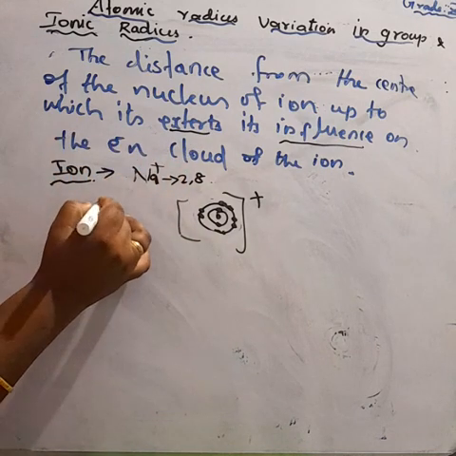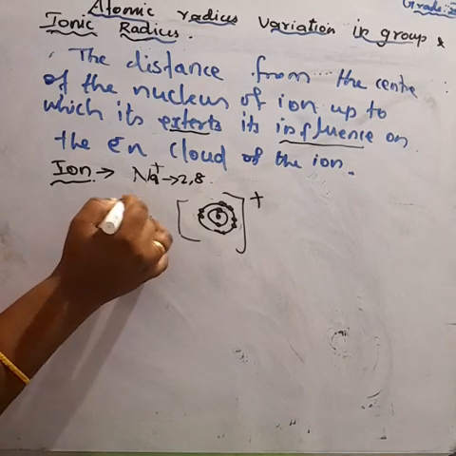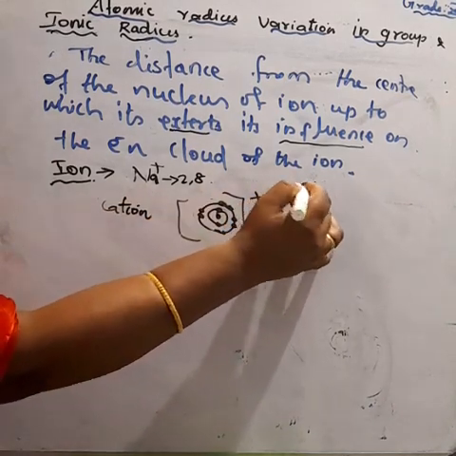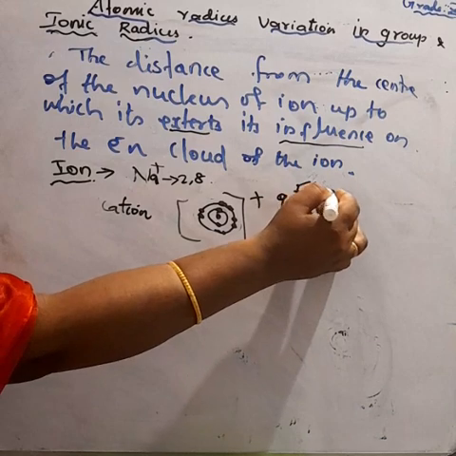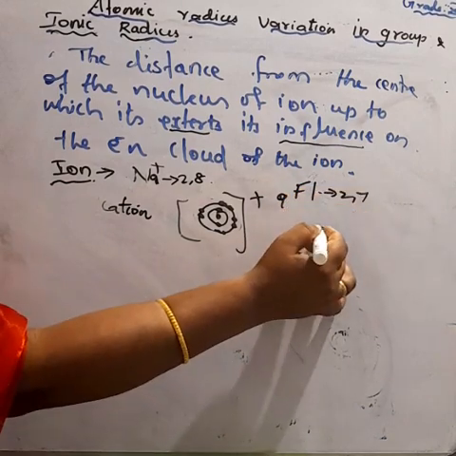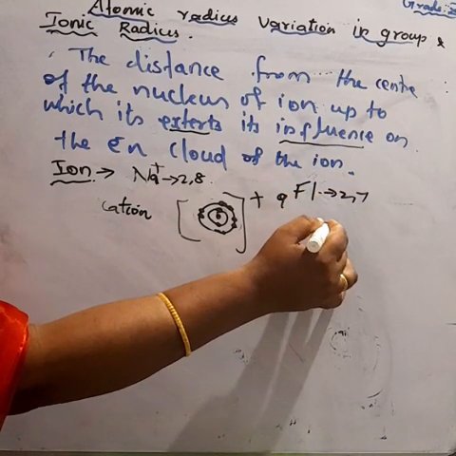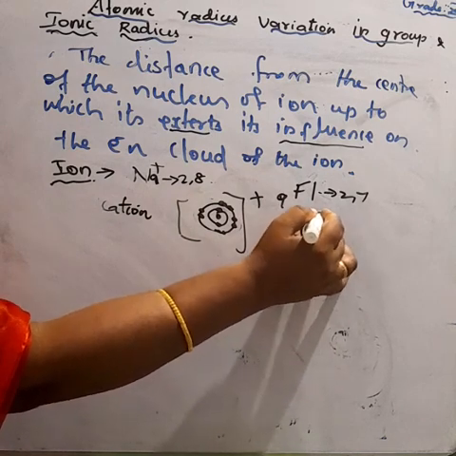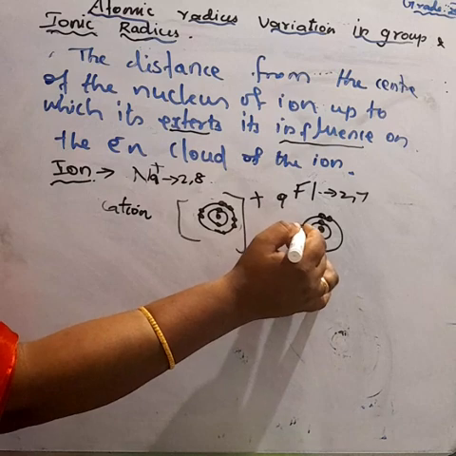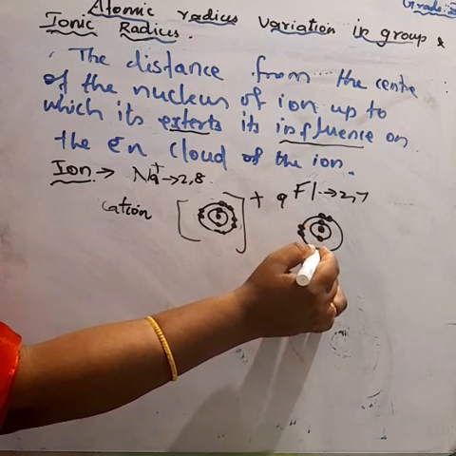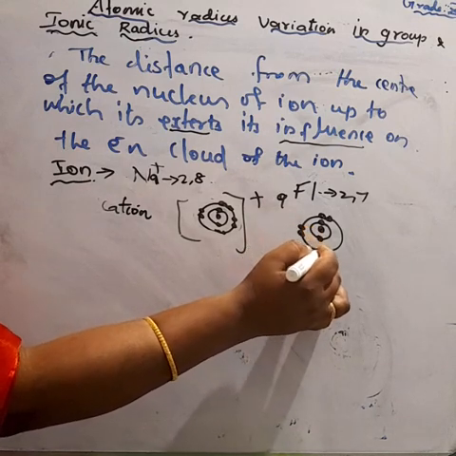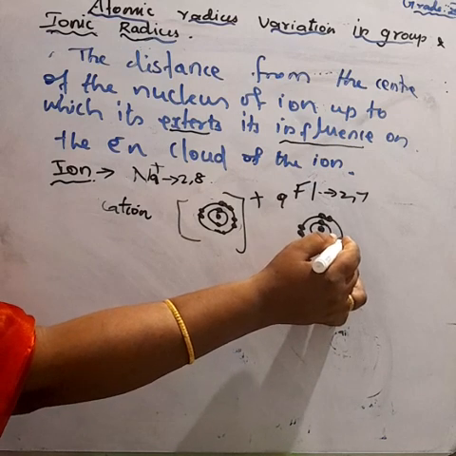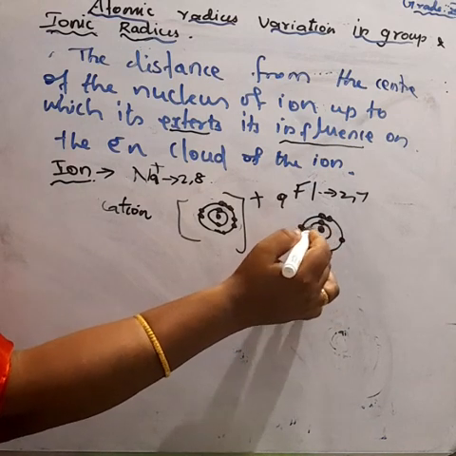Like that, I am taking fluorine. What is the atomic number of fluorine? 9. What is the electronic configuration? 1s2, 2s2, 2p5, that is 2, 7. First orbit 2 electrons, second orbit 7 electrons.